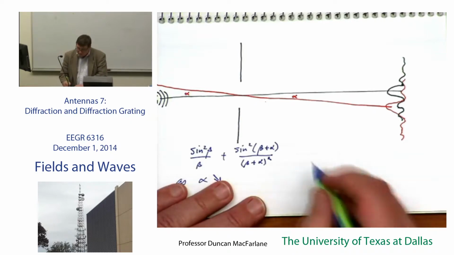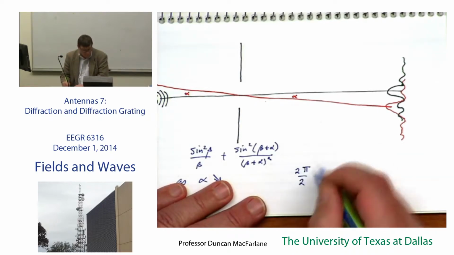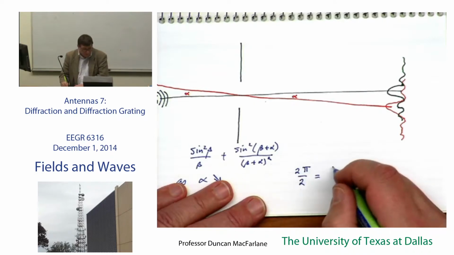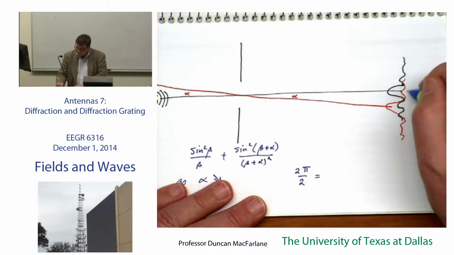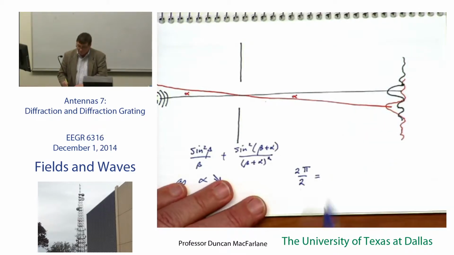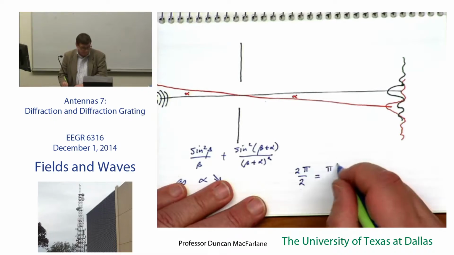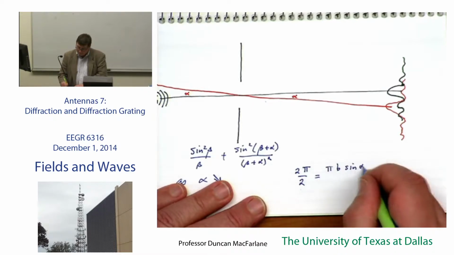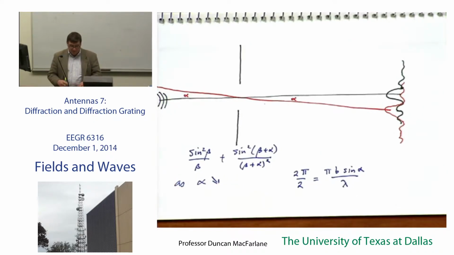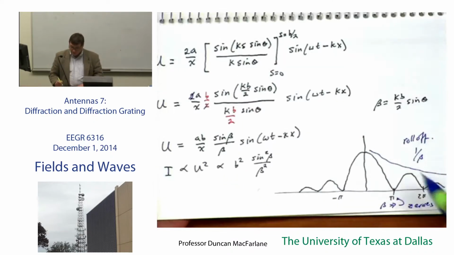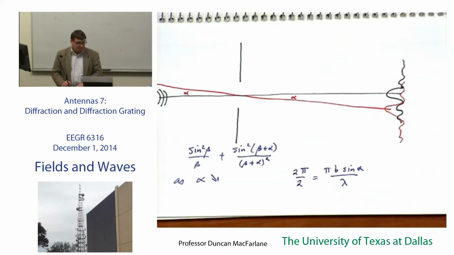And it turns out that that's going to happen where pi, remember these are separated out by pi's, and if I put in what k is, 2 pi over lambda, I get a lambda in there.